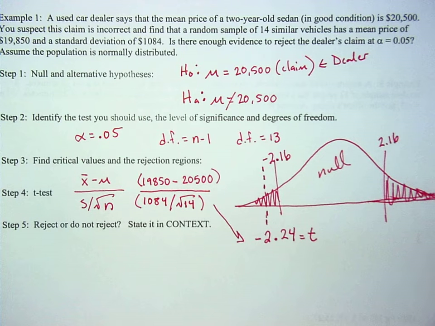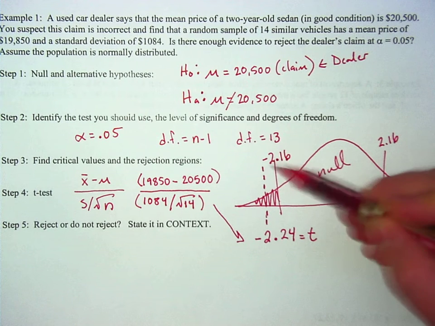Did you guys get negative 2.24? Waiting for everybody to finish. Did you get the right things here? Okay. All right, so what do you think? It hit over here, right?